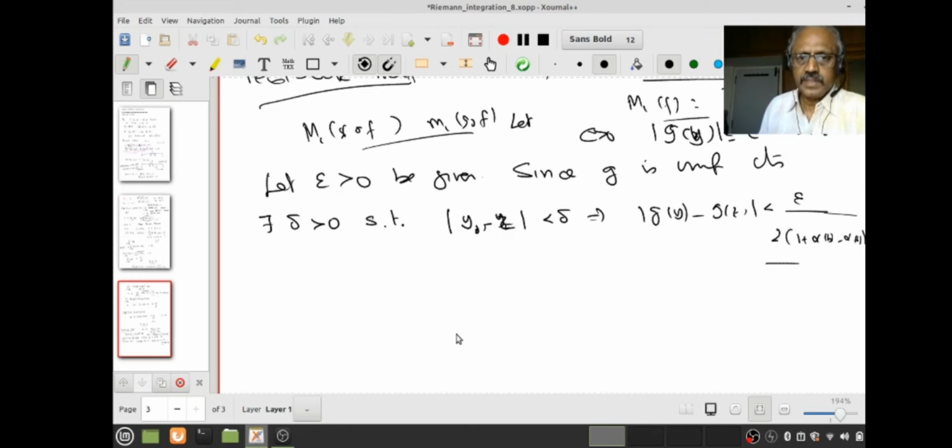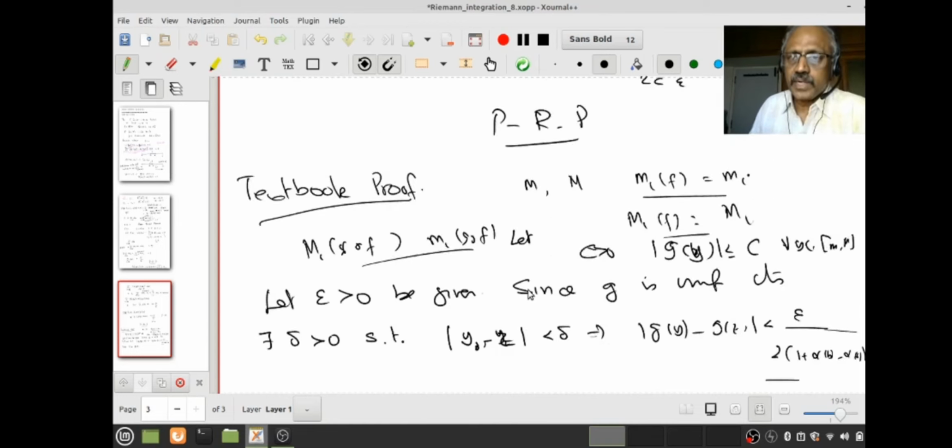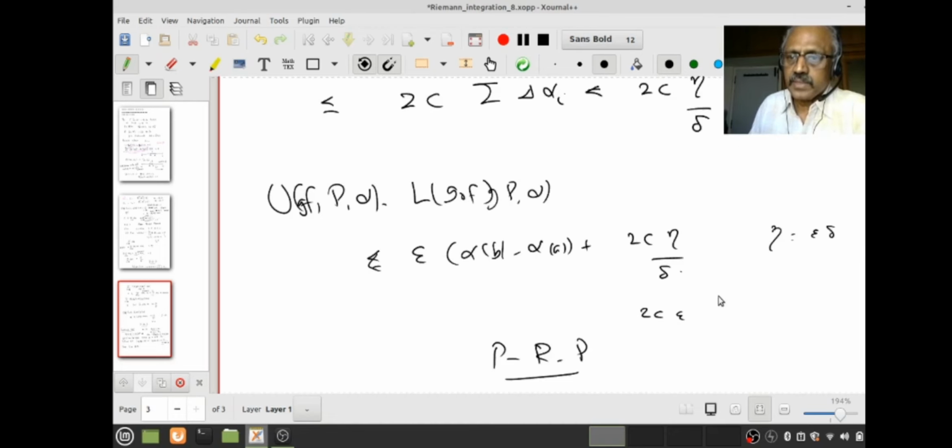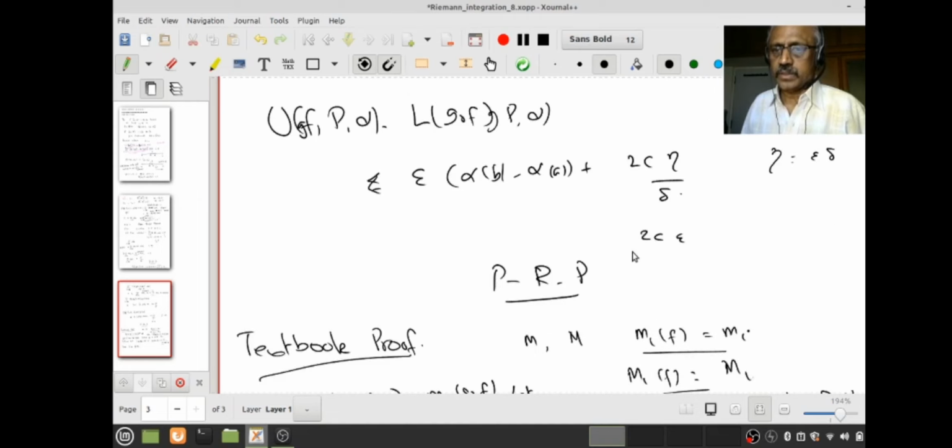The next thing, since f lies in R of alpha, given eta, we already know what eta I want. Eta must be epsilon delta, but I am going to multiply by 2c, that should also go away, and I want it to be epsilon by 2, therefore you will see something very interesting.